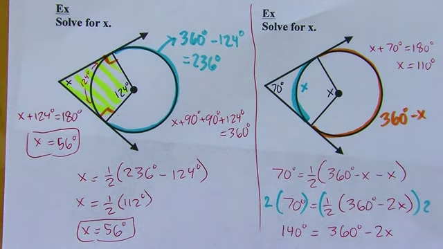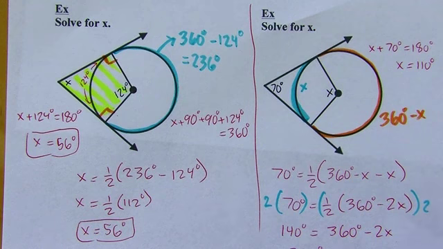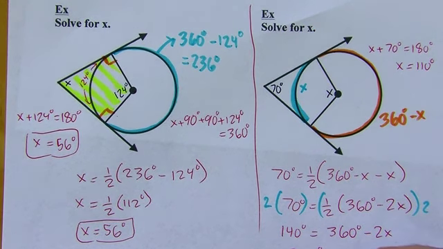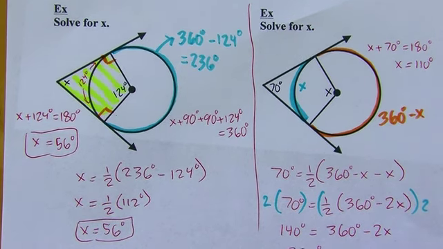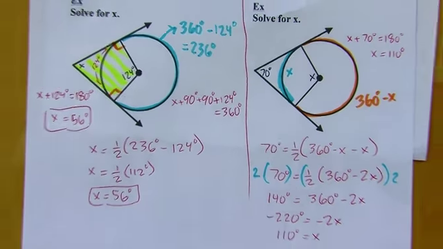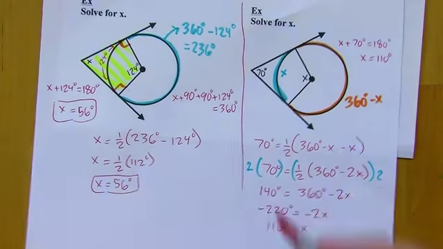I'm going to subtract 360 from both sides, and then divide by negative 2. And then x is going to equal 110. Oh, whoops, sorry, I was off screen there. And x equals 110 degrees.